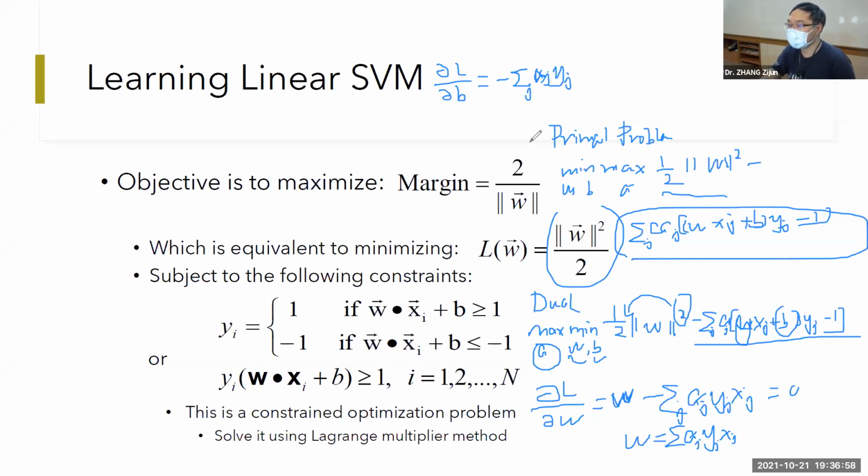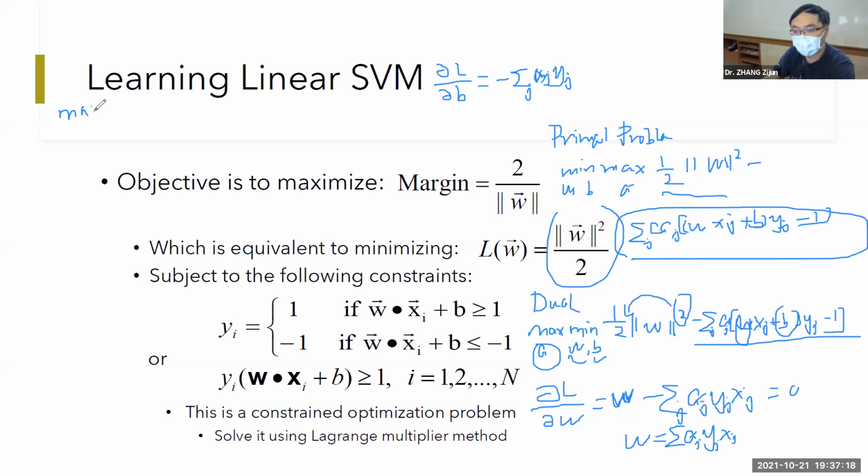Next, what we can do is substitute W and B with the terms that we obtained, then we do the maximization.